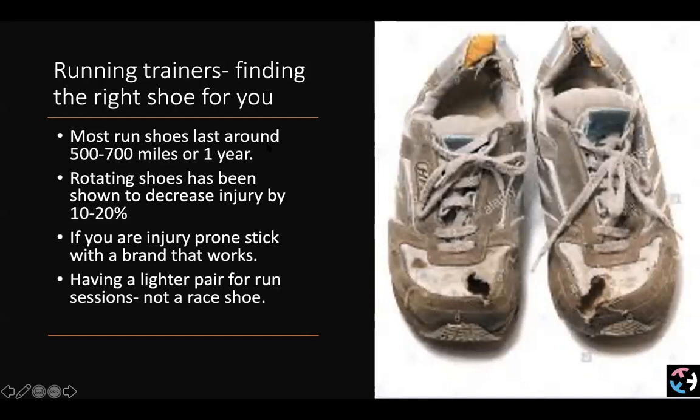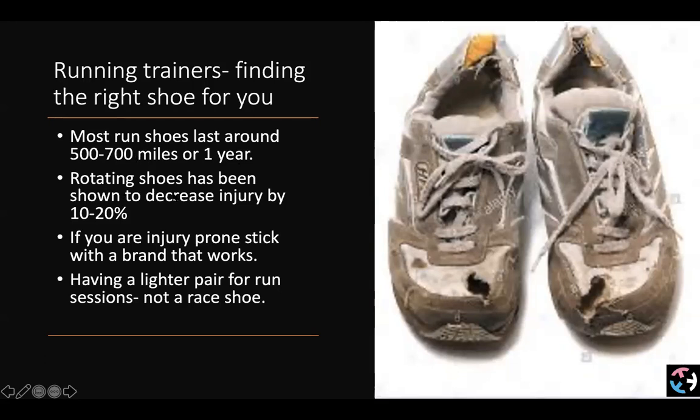Most run shoes only last around 500 to 700 miles or 1 year. And after that point, even if you've not worn them that much and they're over a year old, they will start to degrade, and there'll be more chance of injury. So having a new pair of run shoes every year, especially from an injury point of view, is key.